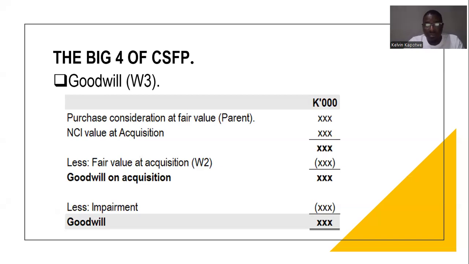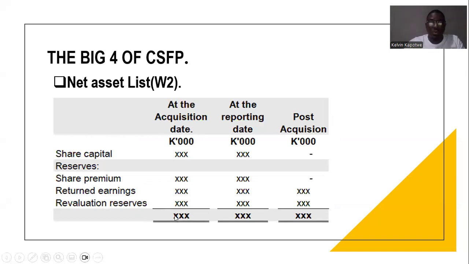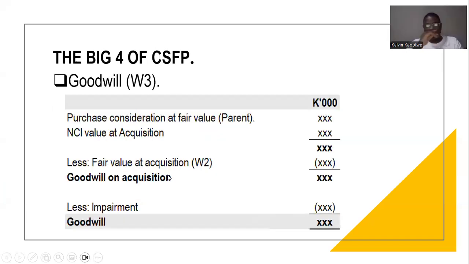It signifies that the value is going to come from the first working that you did, which is this value here. So this is the value that you're going to insert there to compare with the consideration that you paid. When you get the consideration and then remove the value of the net assets at acquisition date, you're going to have the goodwill on acquisition. All right, so this is the goodwill on acquisition here.